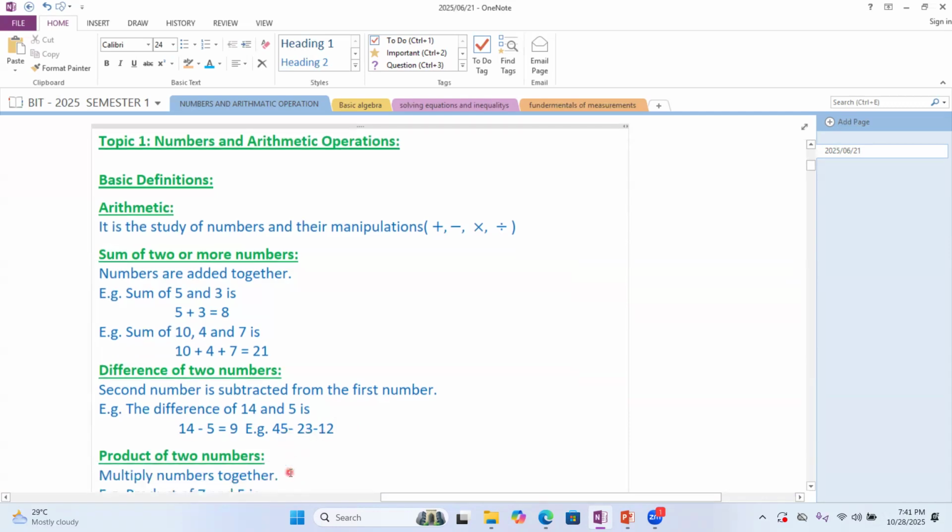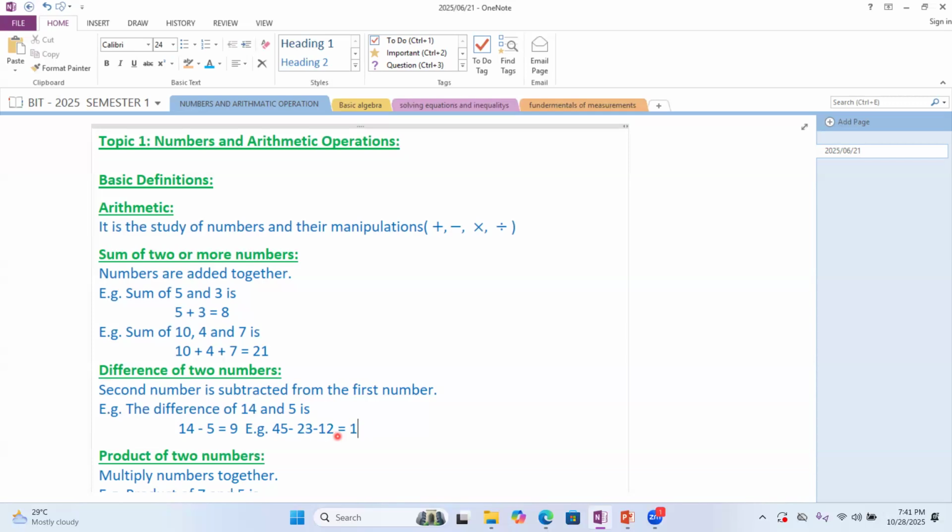First, the first 2 numbers, 45 minus 23, that is 22.